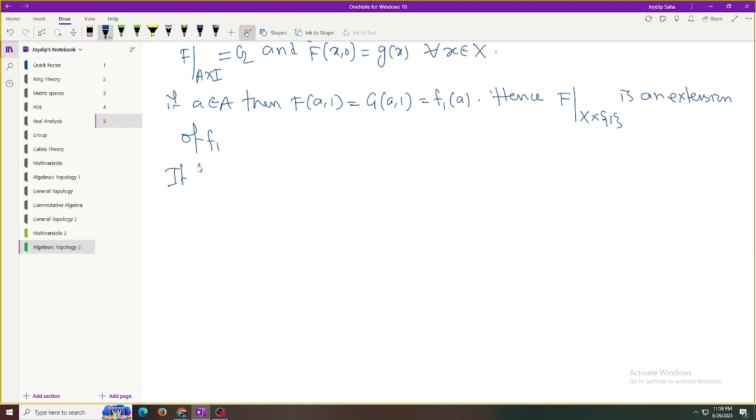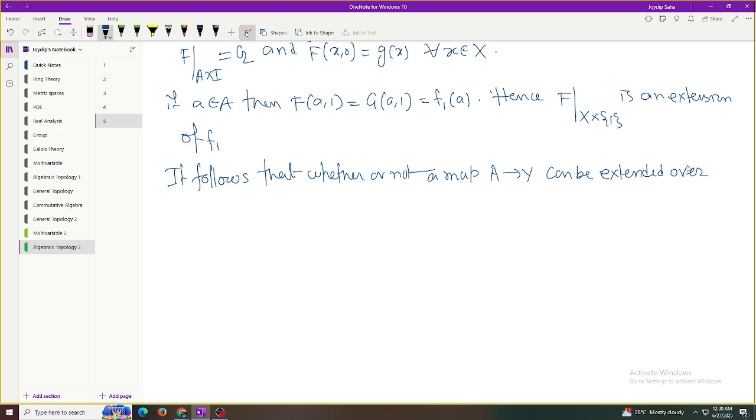It follows that whether or not a map A to Y can be extended over X is a property of the homotopy class of the map.